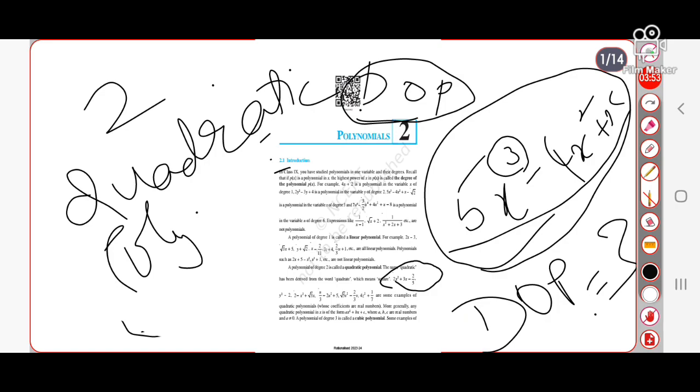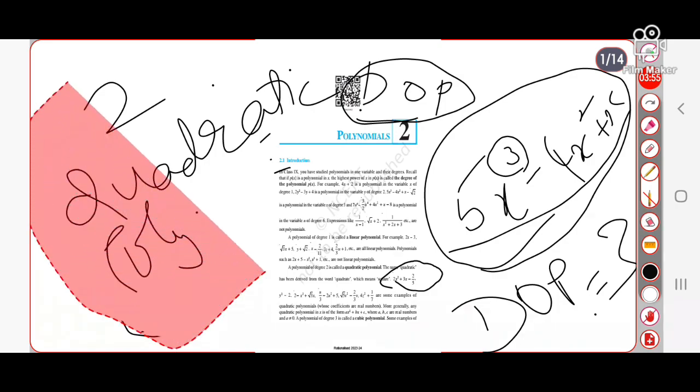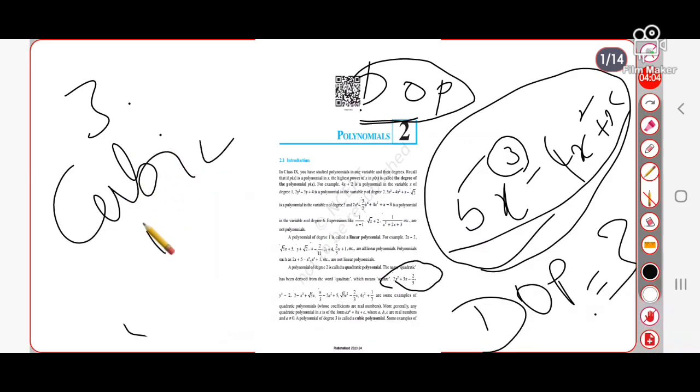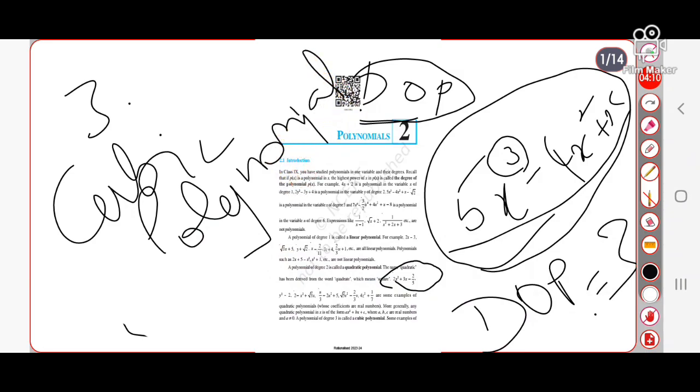The next one is the cubic polynomial. For a cubic polynomial, as we saw, 5x cube minus 4x square plus x, one of the examples at the beginning, holds good.